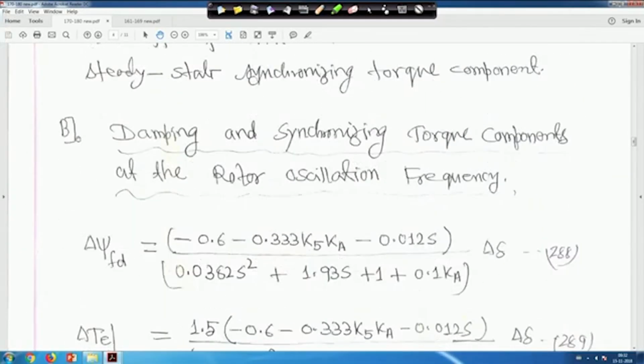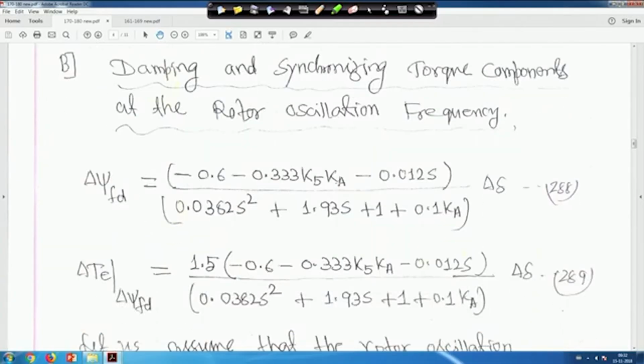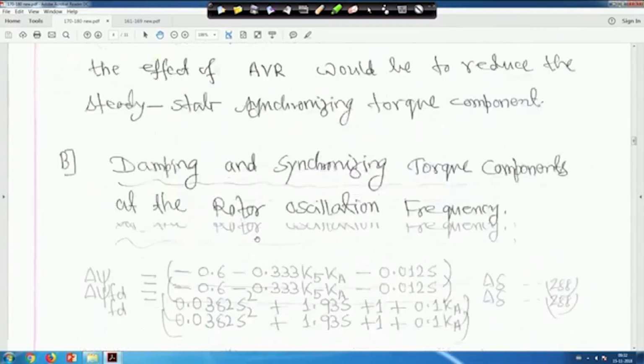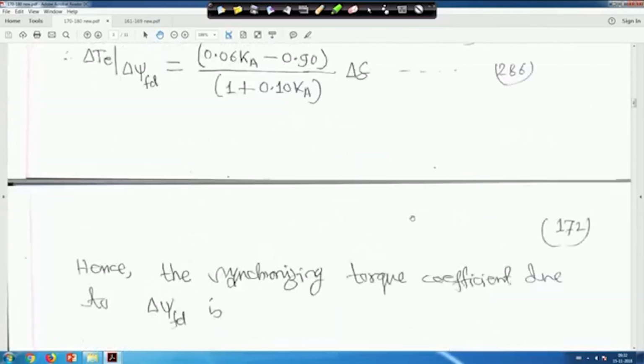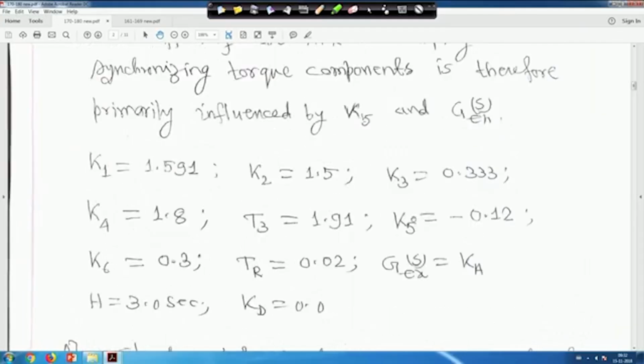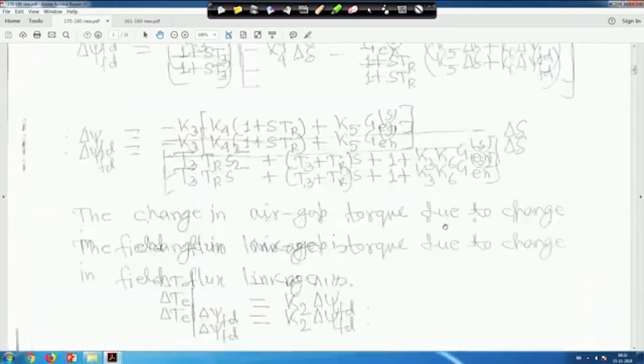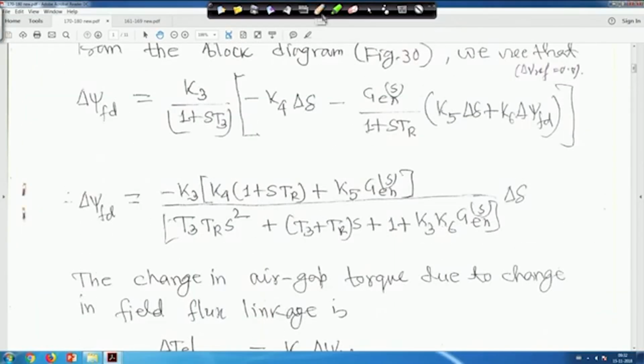Next is B, damping and synchronizing torque components at the rotor oscillation frequency. Now, in this equation you put S equal to j omega, and put all the values of K1, K2, K3, K4, K5, K6, and Gx equal to Ka.